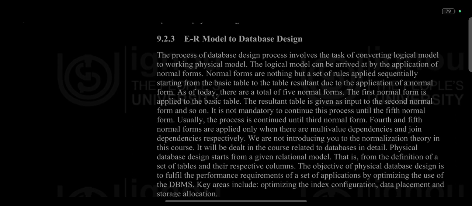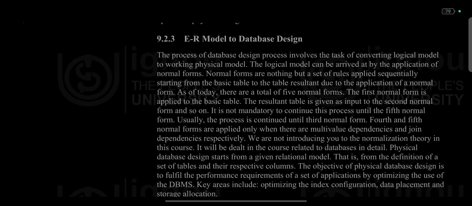Normal forms are nothing but a set of rules applied sequentially, starting from the basic table to the table resultant due to the application of a normal form. As of today, there are a total of 5 normal forms. The first normal form is applied to the basic table. The resultant table is given as input to the second normal form, and so on.